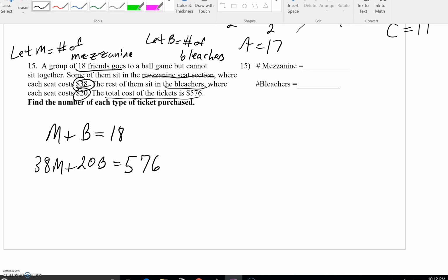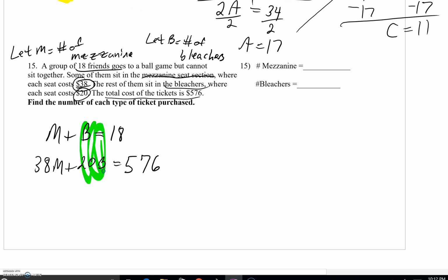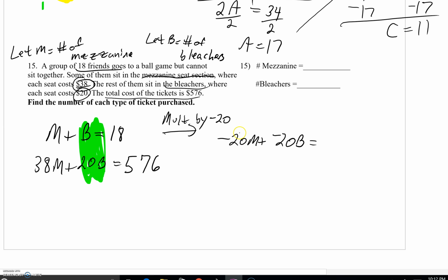Well, nearing the end, hopefully you can see we could easily get rid of the B's here. What would cancel a 20B? Well, a negative 20B. So we'll multiply by negative 20 to get negative 20M plus negative 20B. Negative 20 times 18 is negative 360. You can, of course, check that.